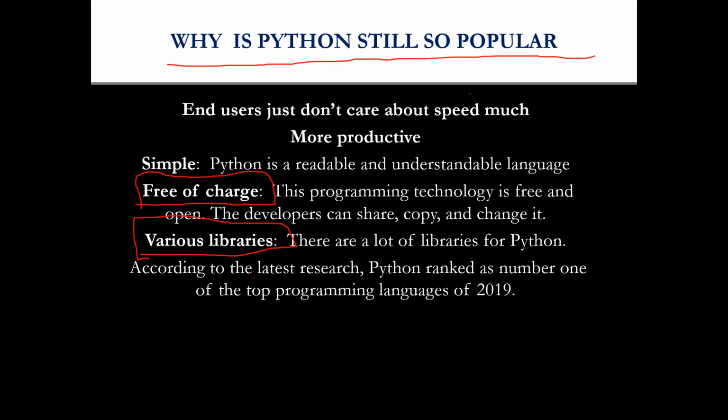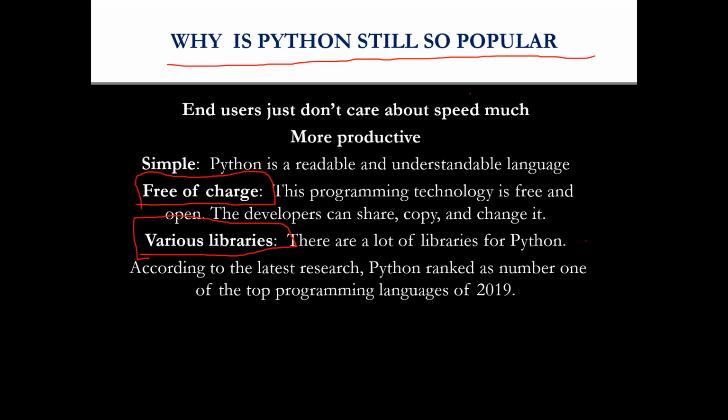Like I just said, it has a vast number of libraries, which are nothing but sets of functions. Each library caters to one specific task. Django and Flask are two libraries among several available in Python which can be used for developing web applications.